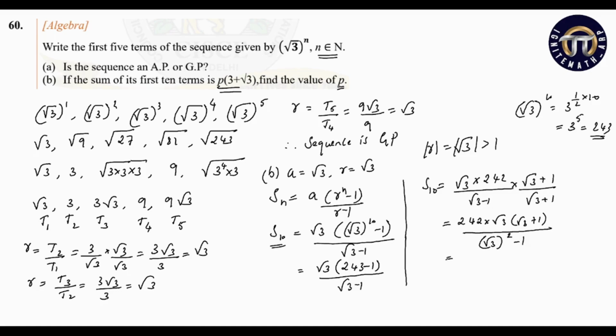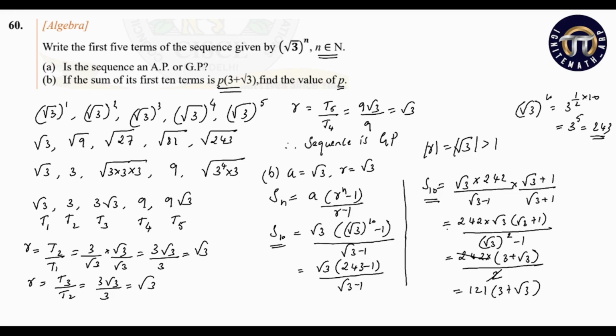So I can get this as 242 into, look at this children, this becomes 3 plus root 3, because root 3 into root 3 is 3, root 3 into 1 is root 3, divided by 2. So now 2 ones are 2, 2 121s are 242. So 121, then it is 3 plus root 3.